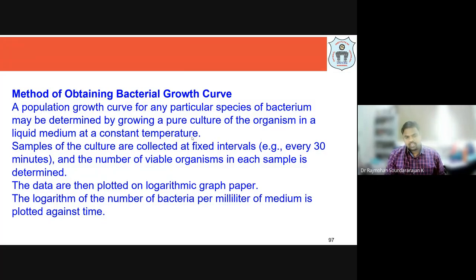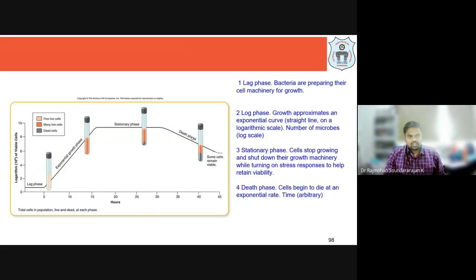Even turbidity measurement or cell count can be done; different techniques can be used, which have been discussed separately. Then the data are plotted on logarithmic graph paper. The log of the number of bacteria per milliliter of medium is plotted against time. Once we plot that, we get a growth curve.